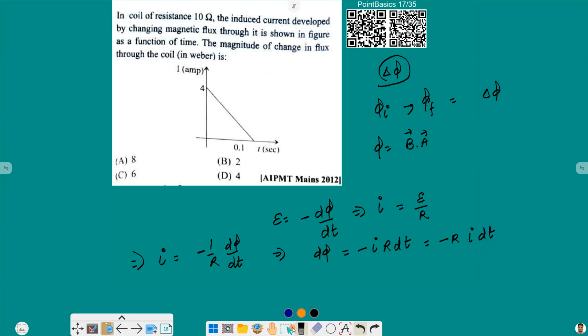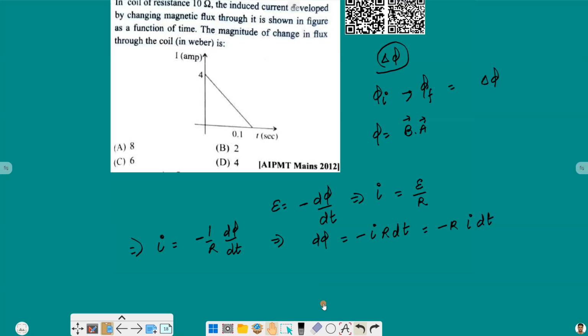So we get the formula d phi is equal to minus R I dt. We can integrate it to find the value of flux.